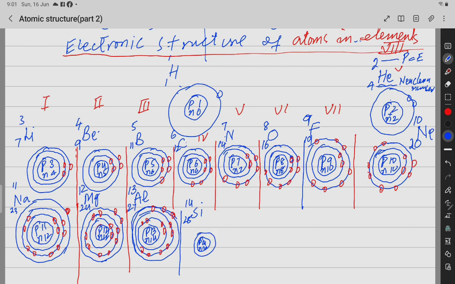First shell, second shell, and we have third shell. First shell has how many electrons? 2 electrons, 8 electrons. Third has 4 electrons because it is present in group 4.